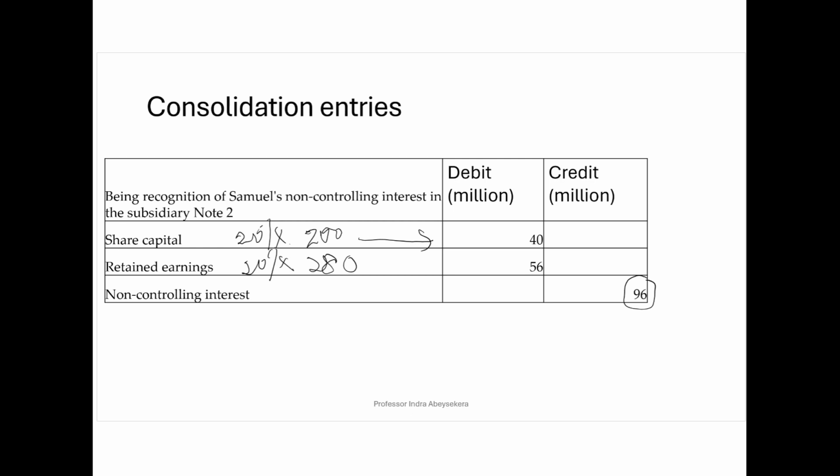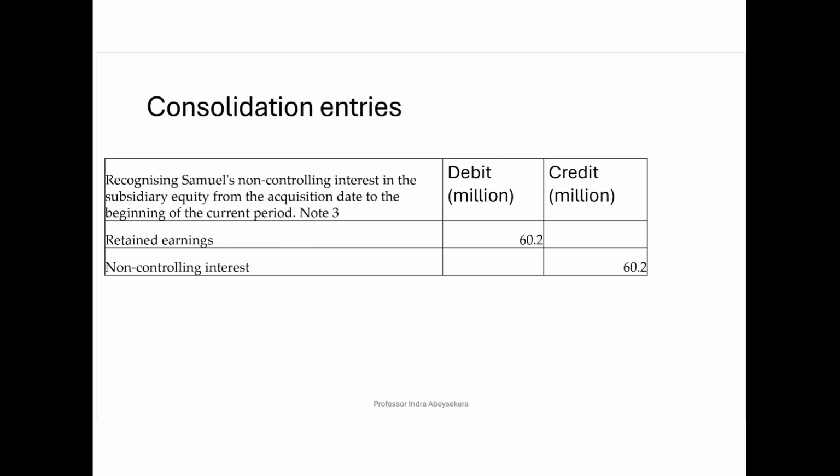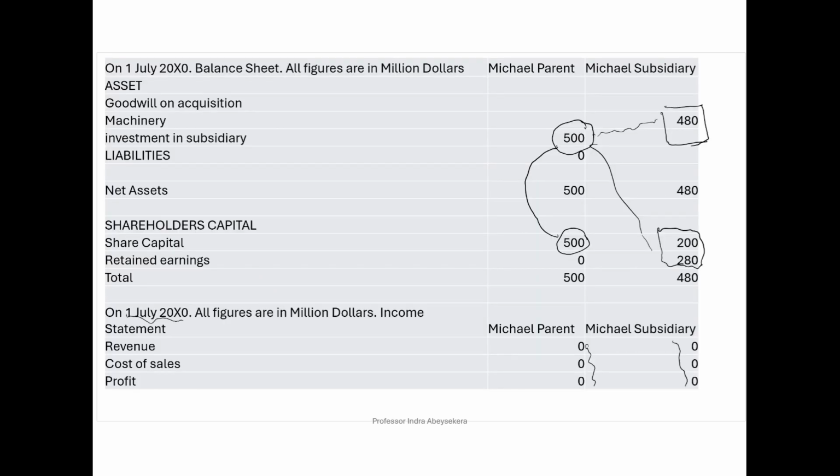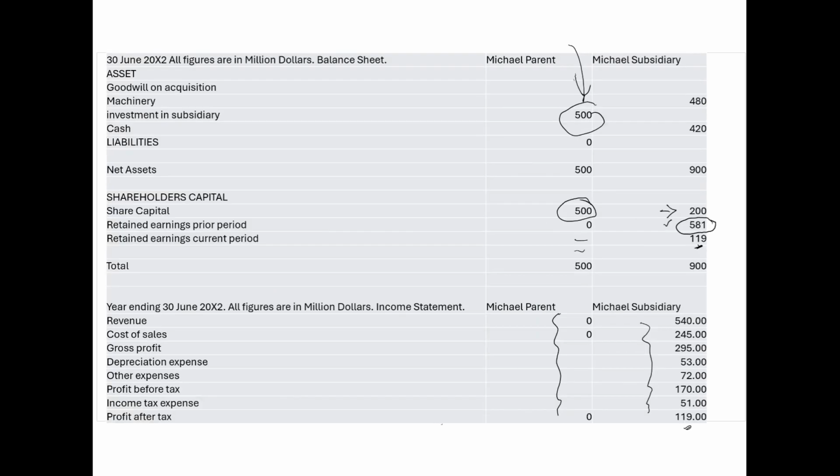Our next consolidation adjustment relates to recognizing Samuel's non-controlling interest in the subsidiary from the date of acquisition to the beginning of the current period. This is the stage 2 calculation. The retained earnings increased from 280, and the prior period amount was 581.